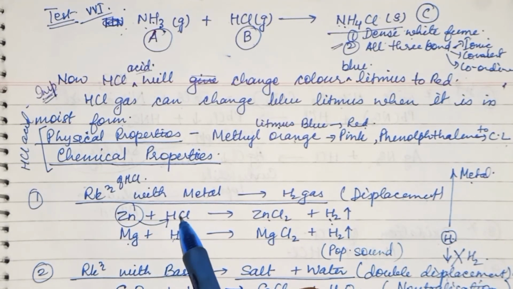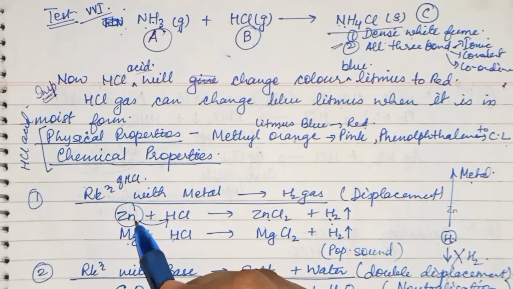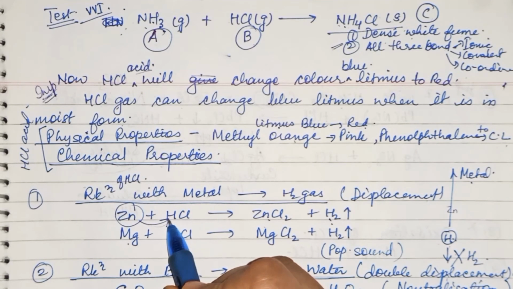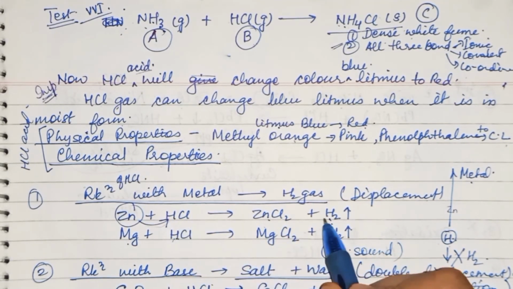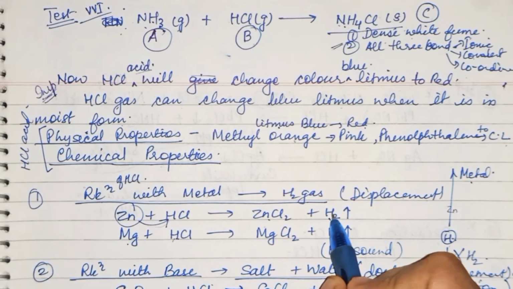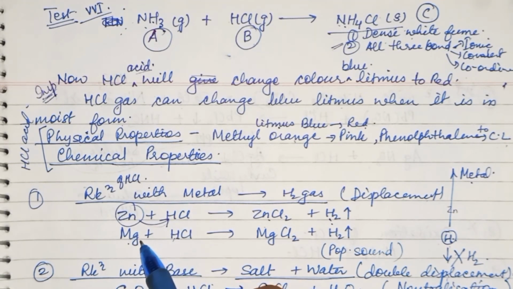Examples are zinc and HCl. Zinc is above hydrogen, so zinc can displace hydrogen from the acid. Zinc is coming in place of hydrogen, so it is forming zinc chloride, and hydrogen is coming out in the form of hydrogen gas. Zinc is more reactive than hydrogen, that's why this reaction is taking place. Same with magnesium, children.